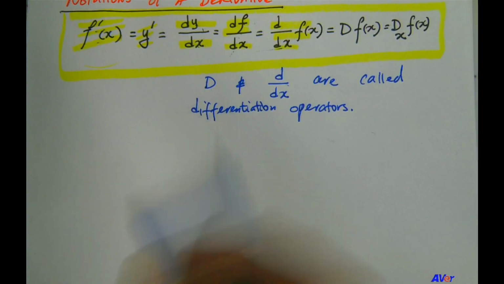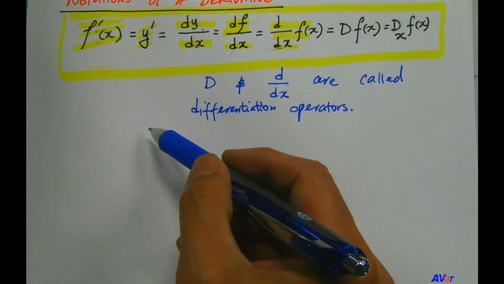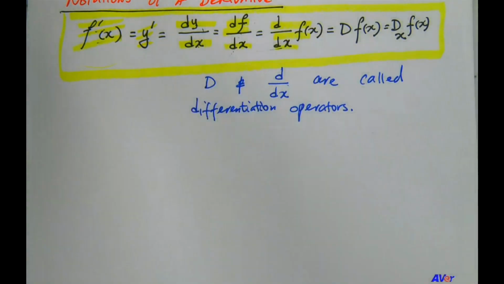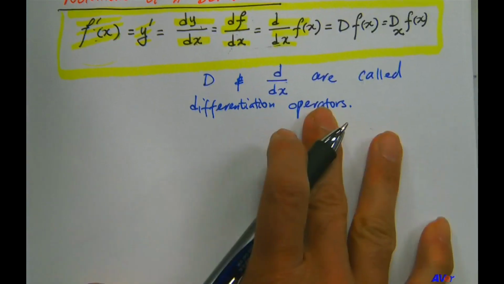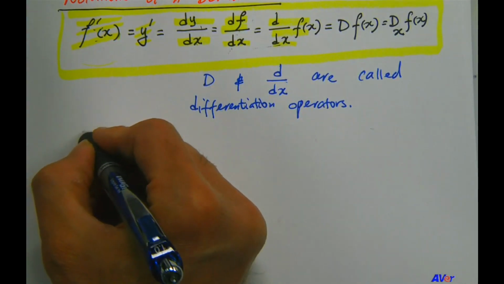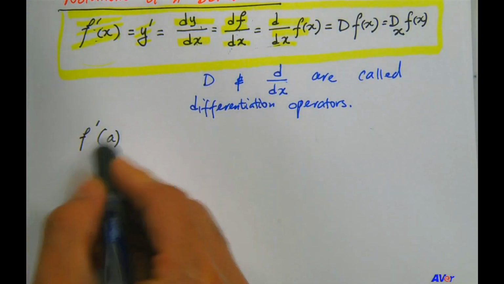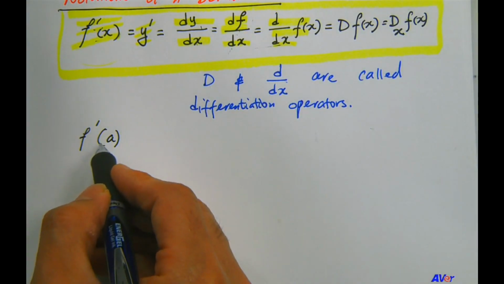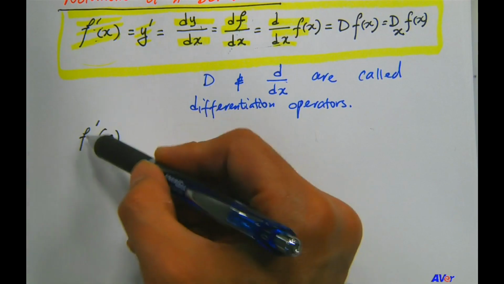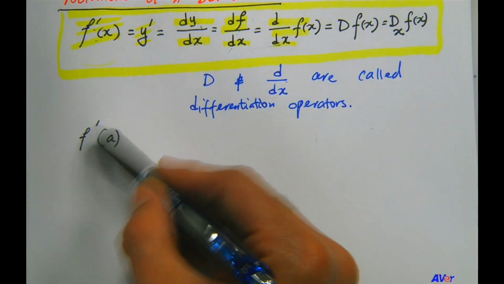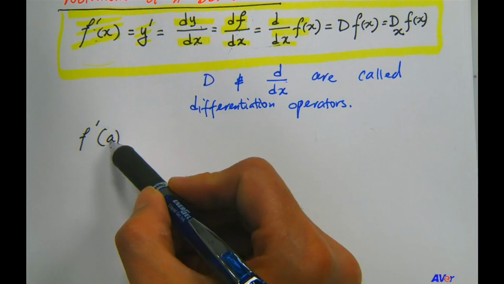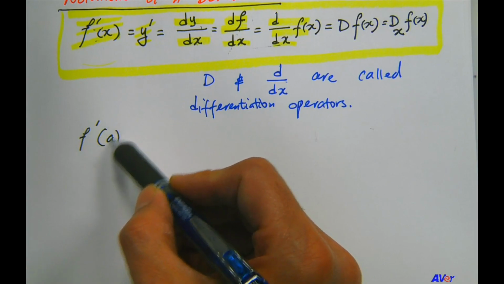Okay, so let's talk about some notations that refer to the value of a derivative at some point. So here are such notations. So we can have f prime at a. We've already seen this in section 2.1, right? So this is the value. We're calculating the derivative at some value of x.